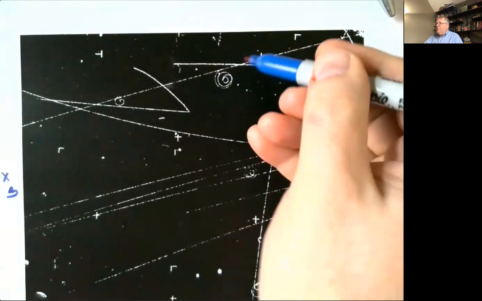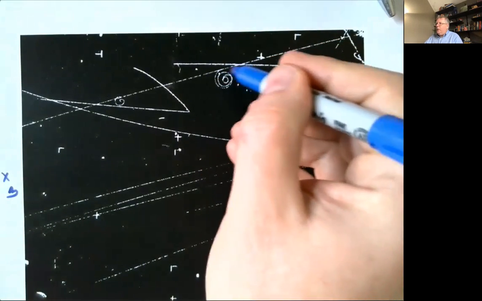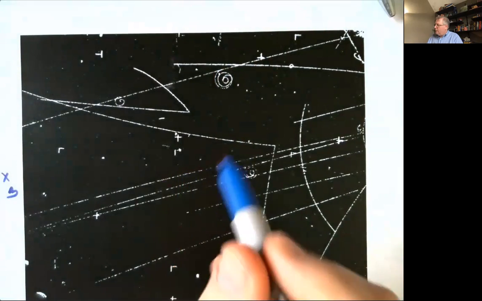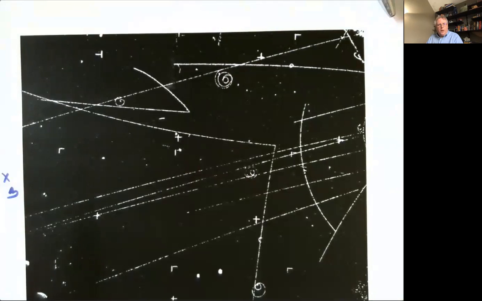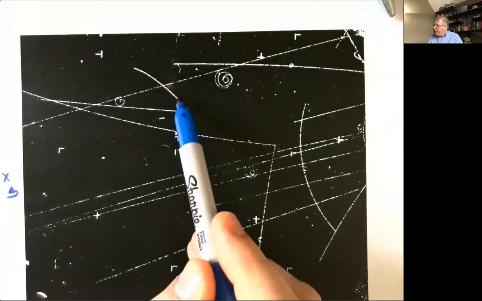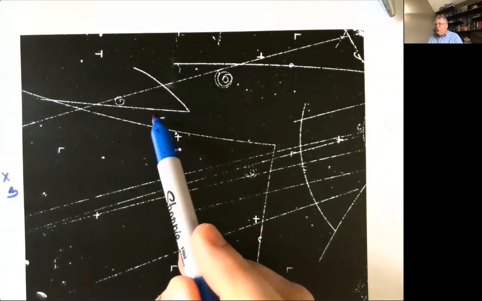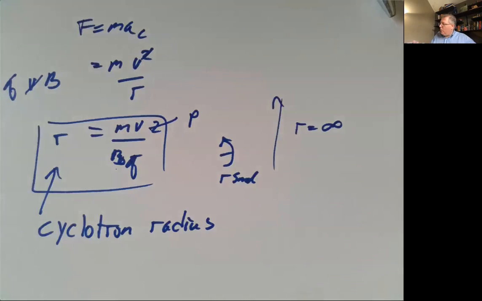What that does is it makes some of those particles curl into circles. And then as it slows down, the circle changes radius. So you can tell whether you have a positively charged particle because you can look at the direction it curves.